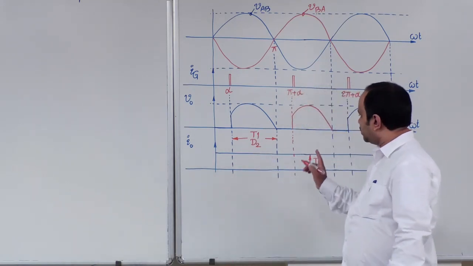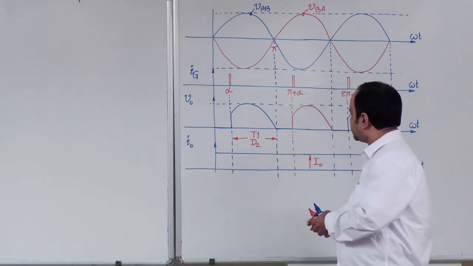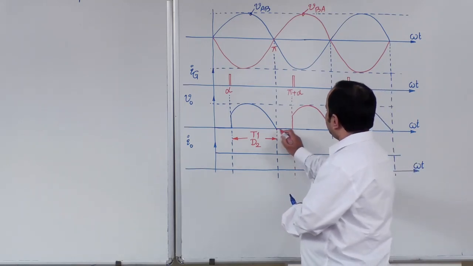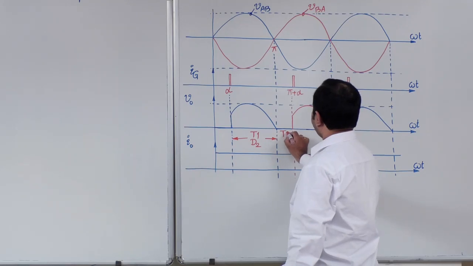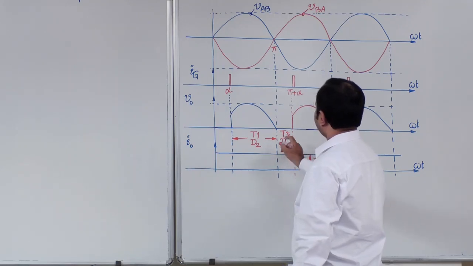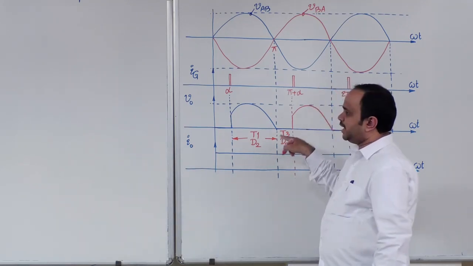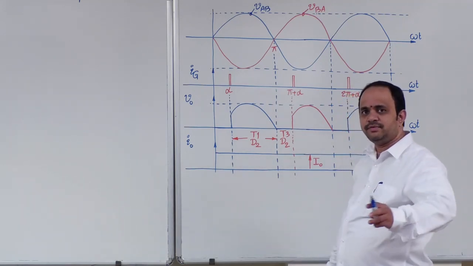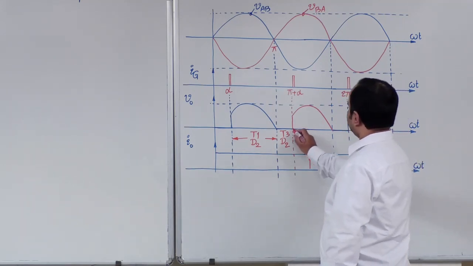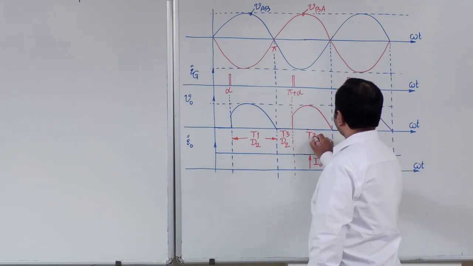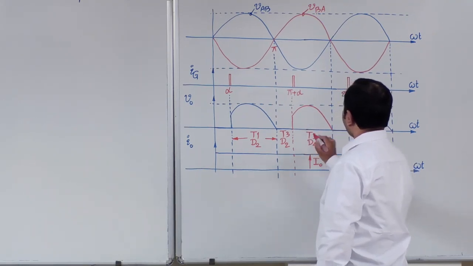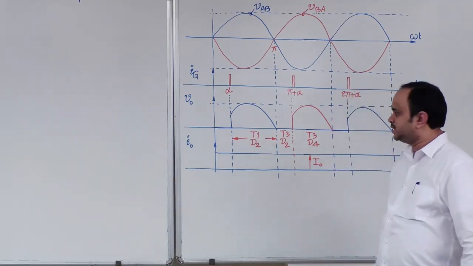Listen carefully, one special case, it looks interesting also. Pi to pi plus alpha, the devices are T3 and D2, and T3 and D2 provided freewheeling action. Next, pi plus alpha to 2 pi, T3 and D4 devices, right?